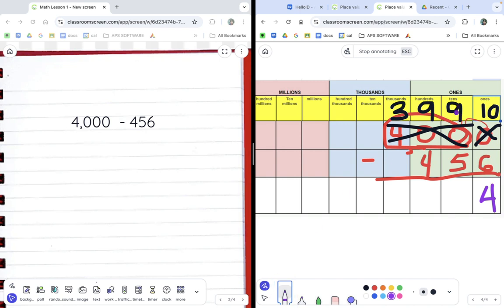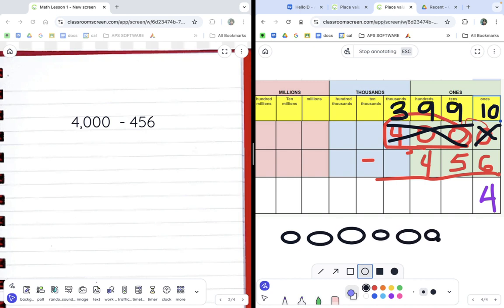Now let's move on to the tens. We have 9 cookies. We're going to give away 5. So how many is left? Let's say you don't know exactly what to do. The easiest way is to draw 9 circles. 1, 2, 3, 4, 5, 6, 7, 8, 9. Now we have 9.